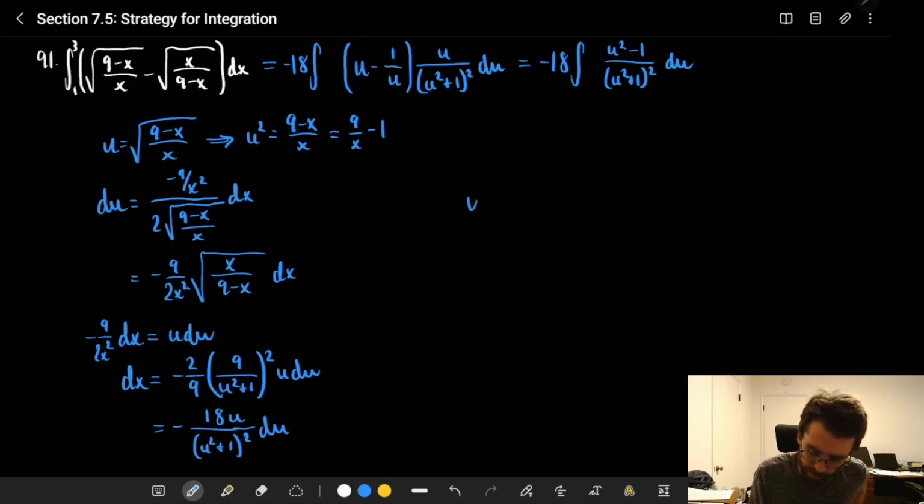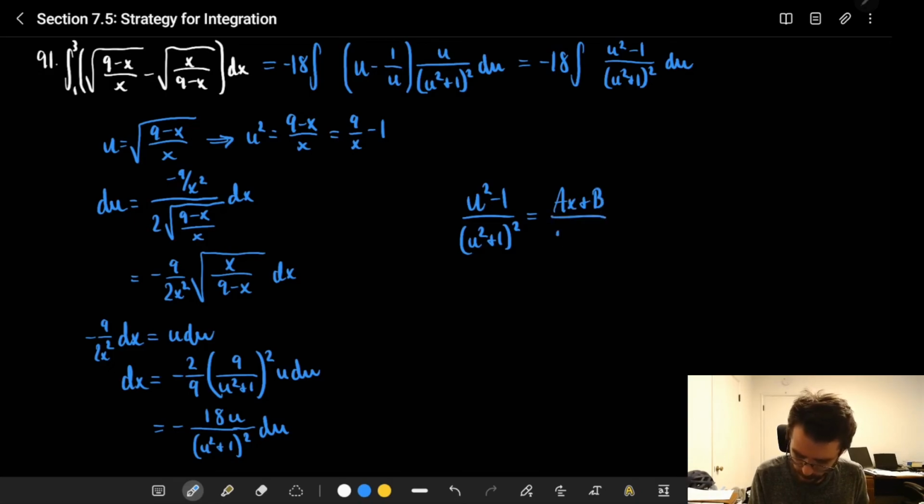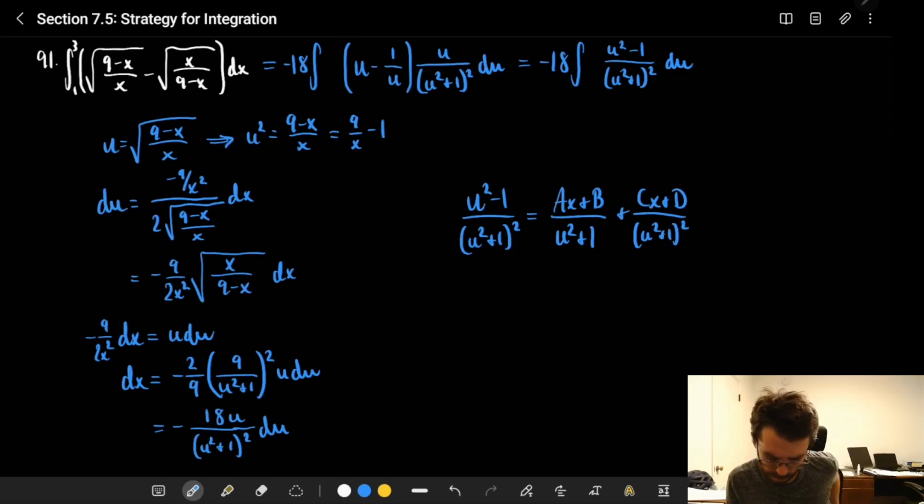And then I say to myself, can I write this? I don't know if it's smart, but can I write it as ax plus b, raise this to the first power, plus cx plus d, raise it to the second power? I want there to be a nicer way than doing that, as we hit the 3-hour mark.